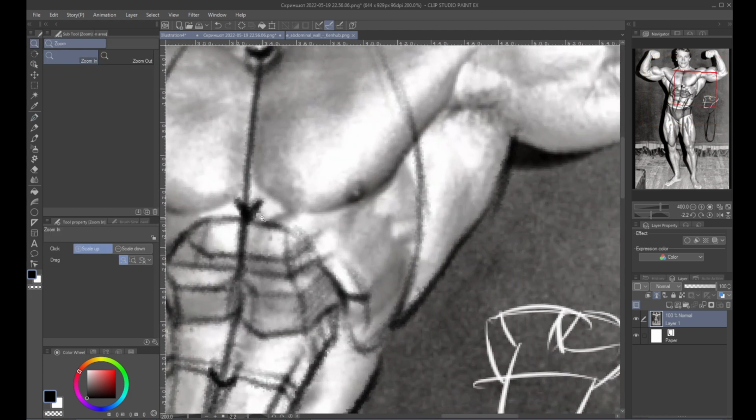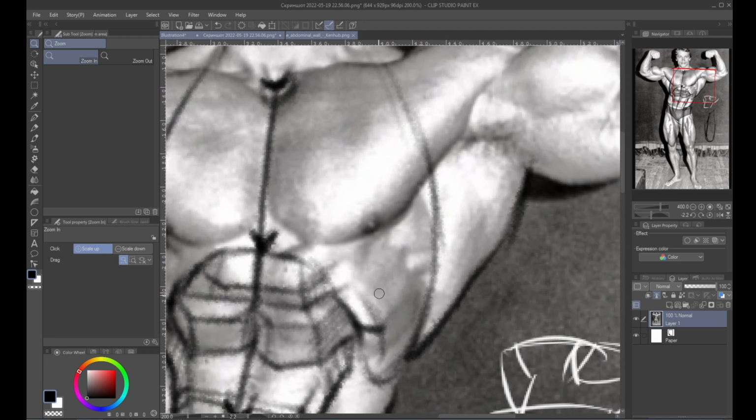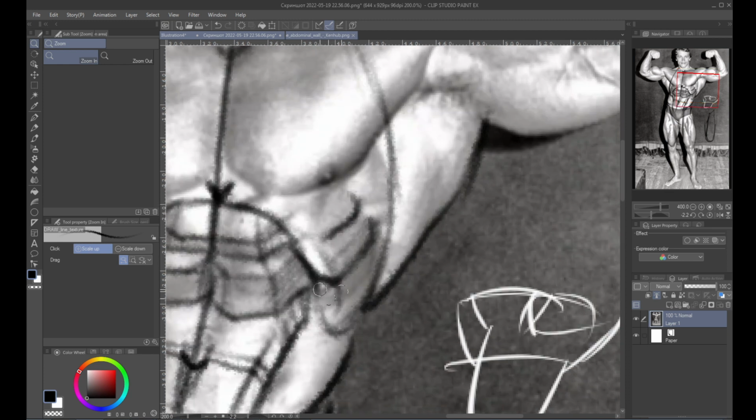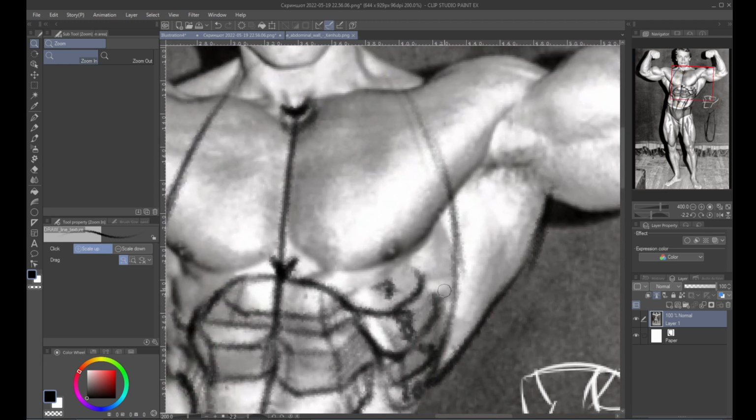Now the ribs. Let's count them. So this here, pretty sure that is the 7th one. Here they are. 9, 10. Here they are.